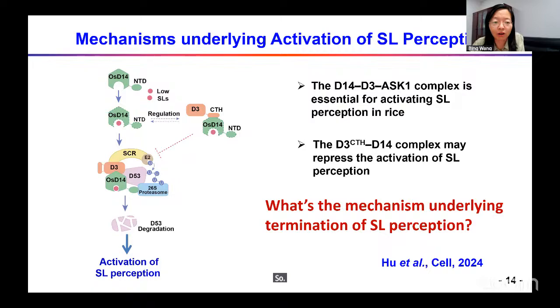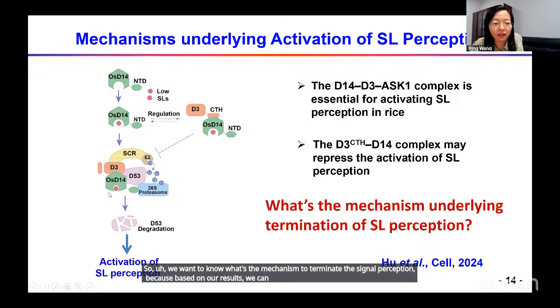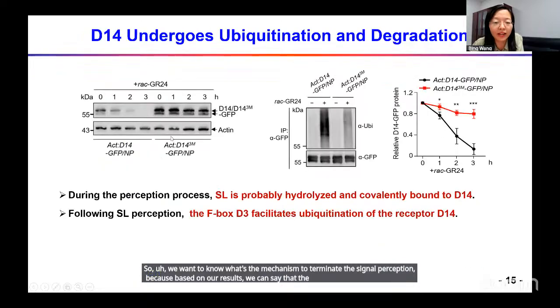So we want to know what the mechanism is to terminate the signal perception, because based on our results, we can say that strigolactone is bound covalently to the receptor. That is to say, once it binds, it cannot leave. Then how is the signal perception terminated?